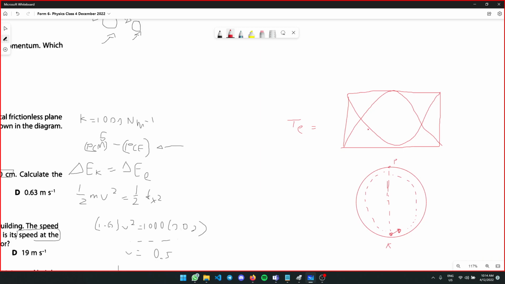Like at this point, let's say this is kinetic energy and this is potential energy. You take this much and you take this much, like the graph, this area and another area.